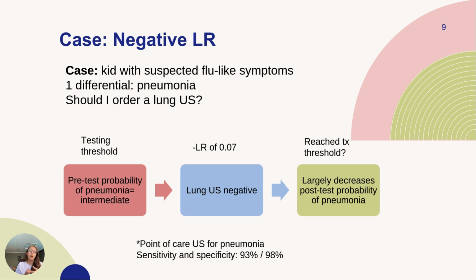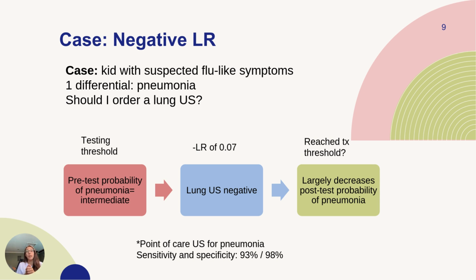Well, we know that lung ultrasound for suspected pneumonia in children has a negative likelihood ratio of 0.07, which is great. We know it'll meaningfully change our post-test probability if the lung ultrasound is negative because it's a likelihood ratio of less than 0.1. And it has really good sensitivity and specificity, so good at ruling in pneumonia, good at ruling out pneumonia.